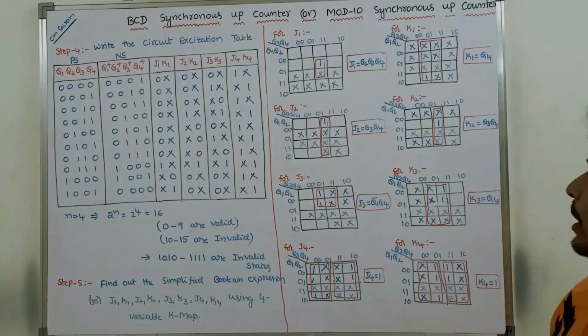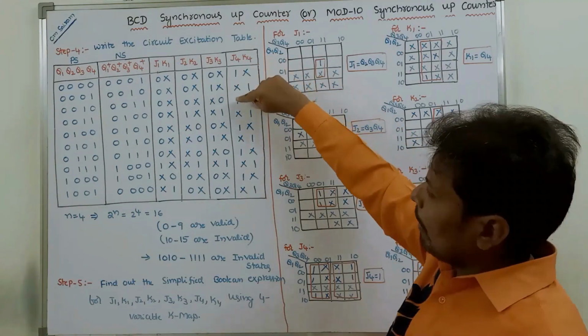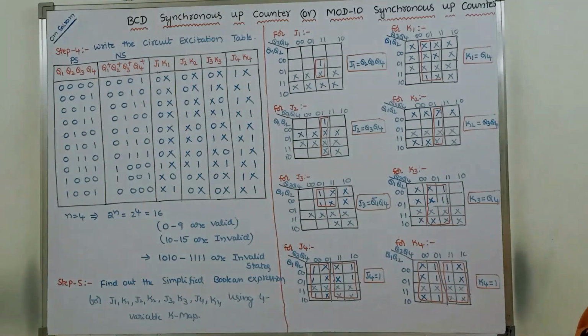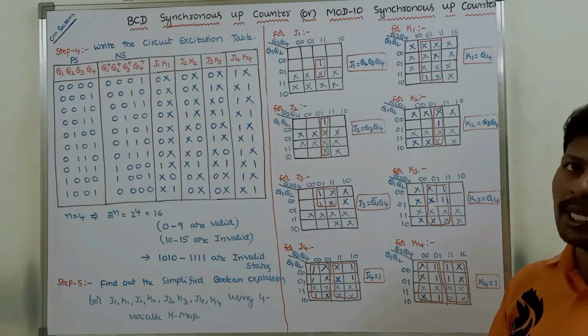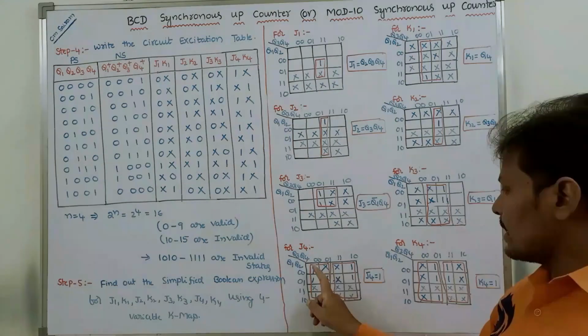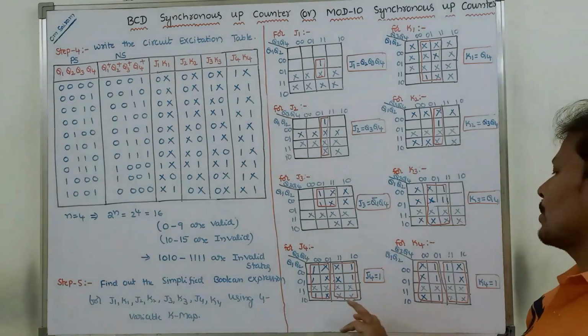Next one, for J4, observe this one, all are filled with ones and don't cares. For K4 also, all are filled with ones and don't cares. So these 8 cells can be formed with an oct, and these 8 cells can be formed with an oct.